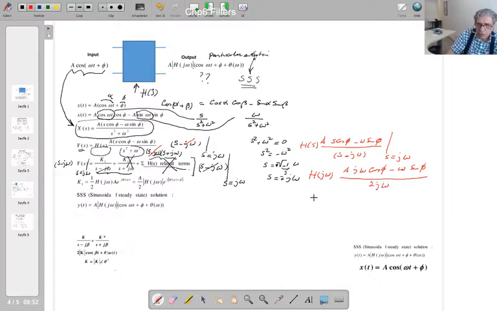So what is this? H(jω) cos φ over 2jω minus ω sin φ over 2jω.